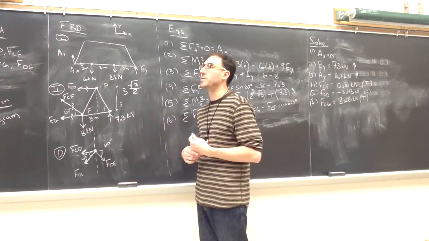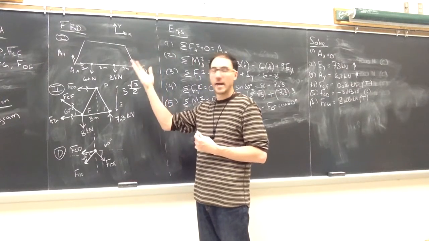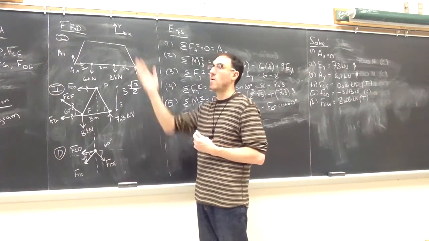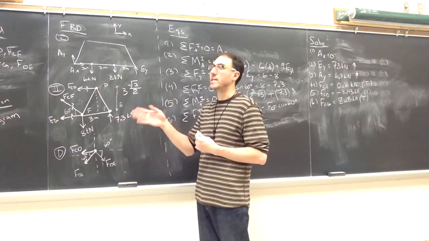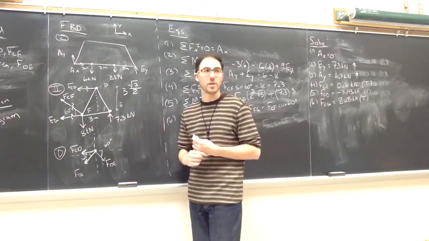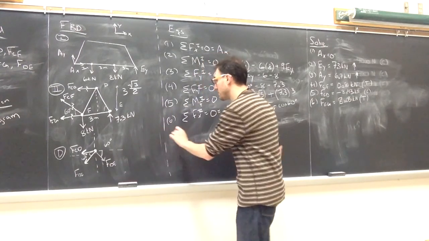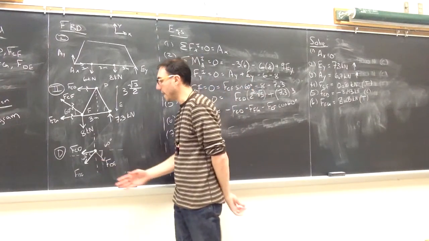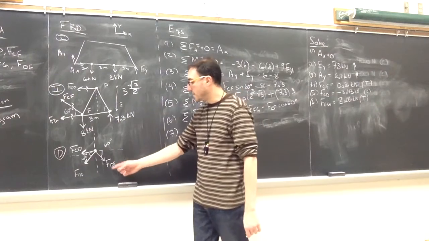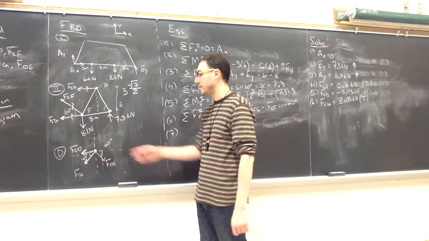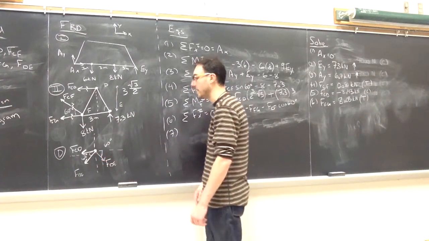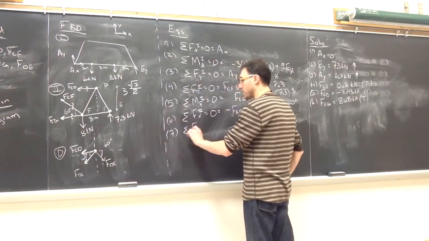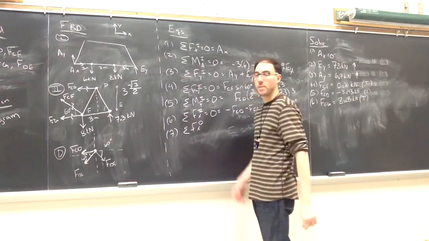Even here, when I was doing it this afternoon, I just chose D, but E would have been better, or that section cut through ED, EF would have been mathematically a little bit easier. So based on the choice that I made, we're looking at D. Both DE and DF have x components and y components, and that's what makes this just a little bit not as good a choice as if we chose the pin at E.